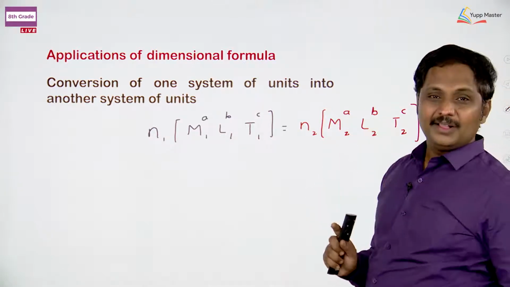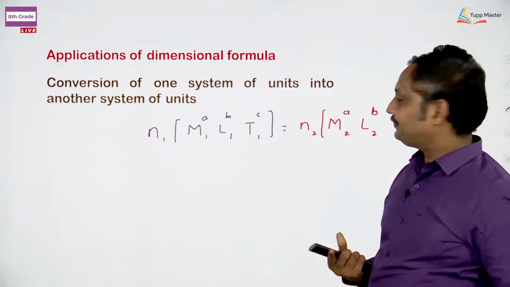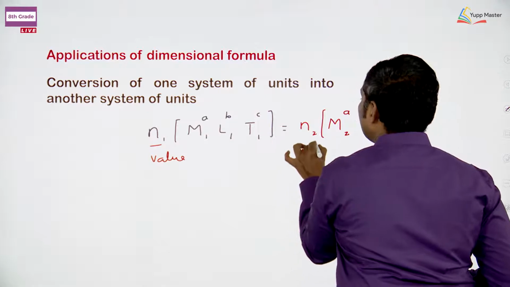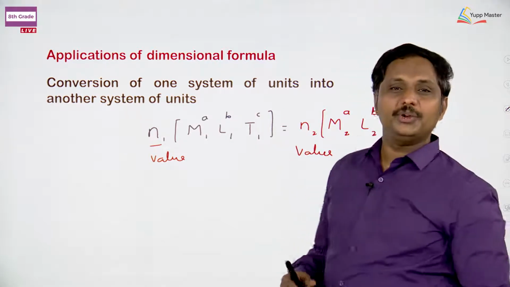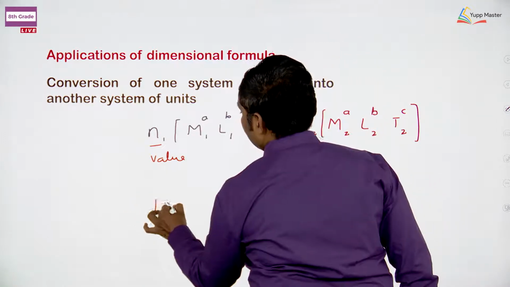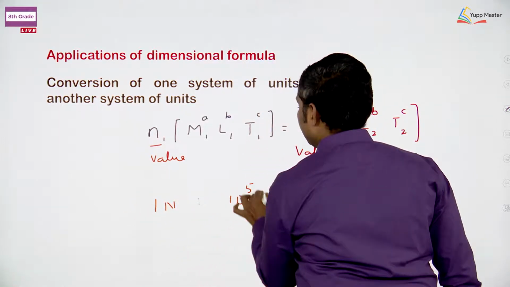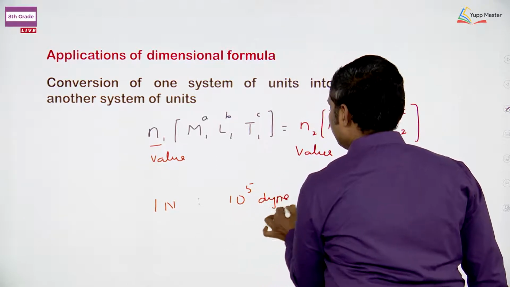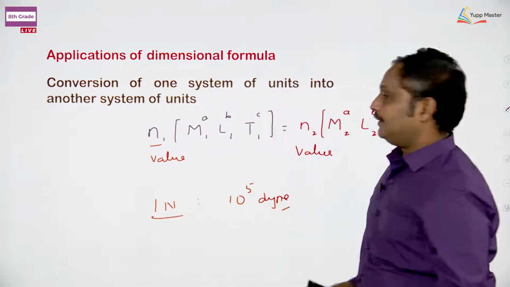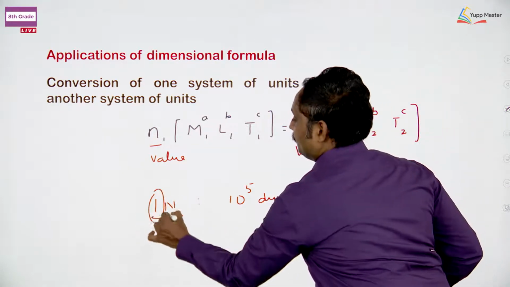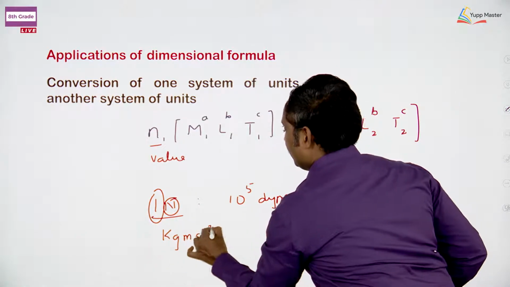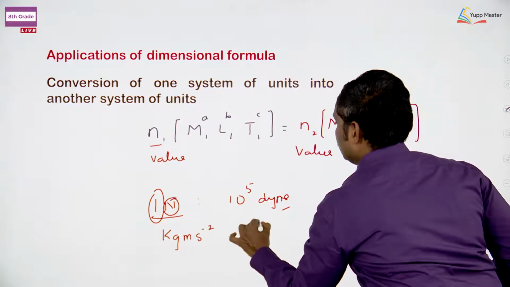It's very clear. Suppose N1 is the value, N2 is also a value. If you want, you can get that. 1 Newton is equal to 10 to the power of 5 dyne. How is it going to be expressed? Let us see. If you are going to take that conversion, 1 is the value. If you take kg, meter, second, it is also gram.